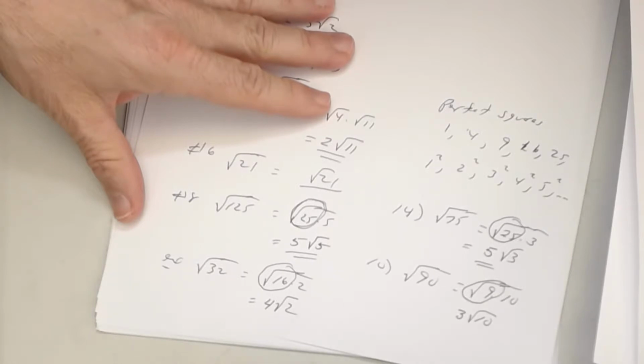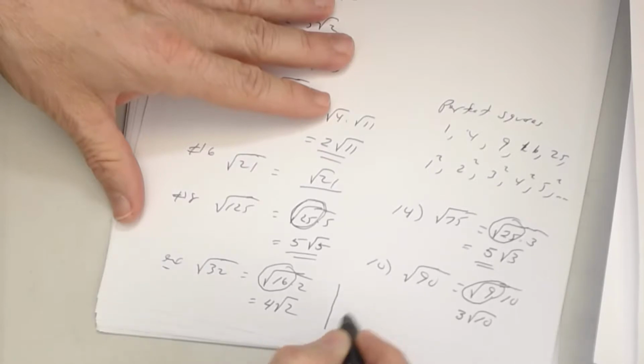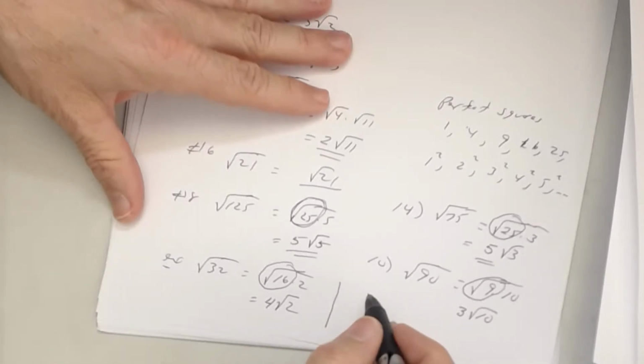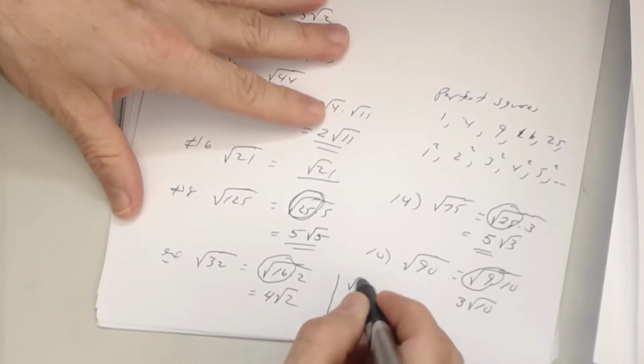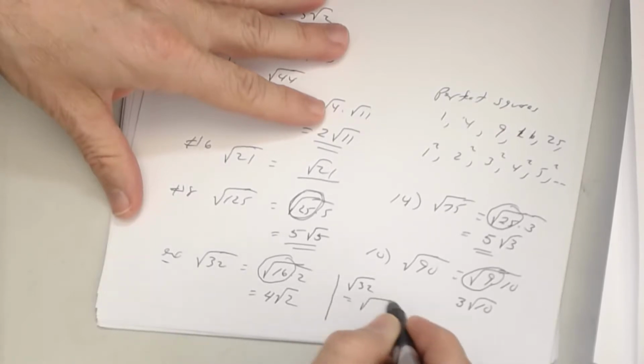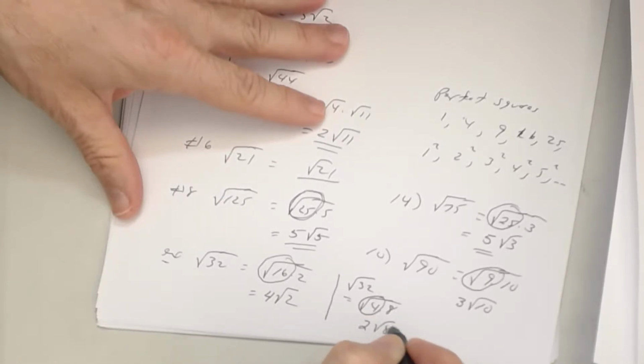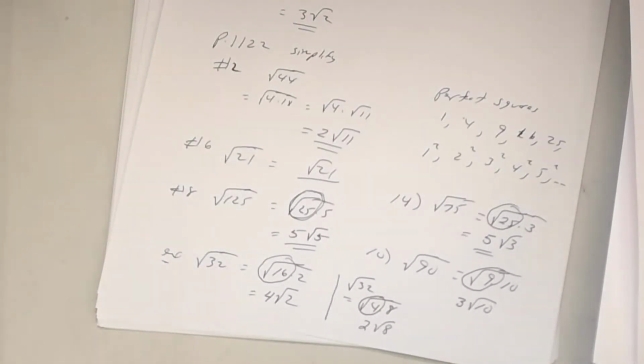What if someone had used 4 instead? 4 is a perfect square. Let me write this over. 4 times what? 8. What's the square root of 4? You get 2 square root of 8, right? You agree? But remember, you got to ask yourself, can I go any further?